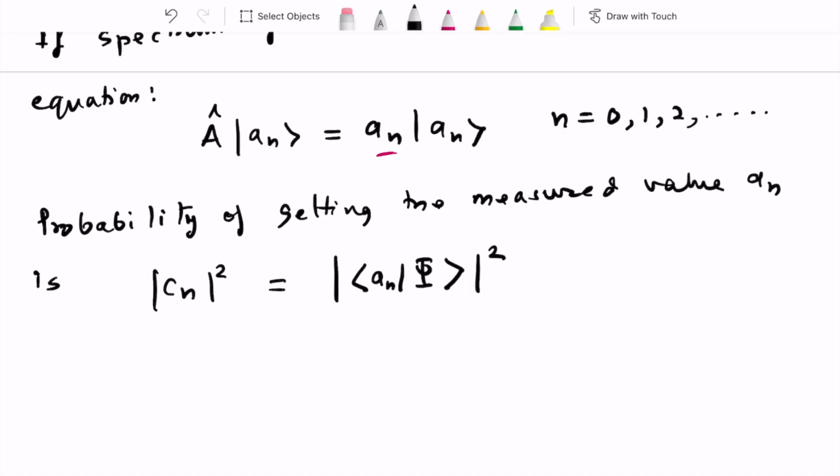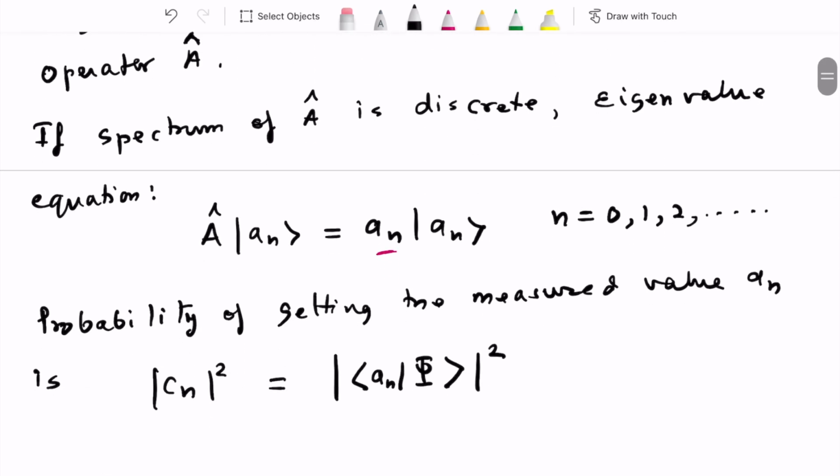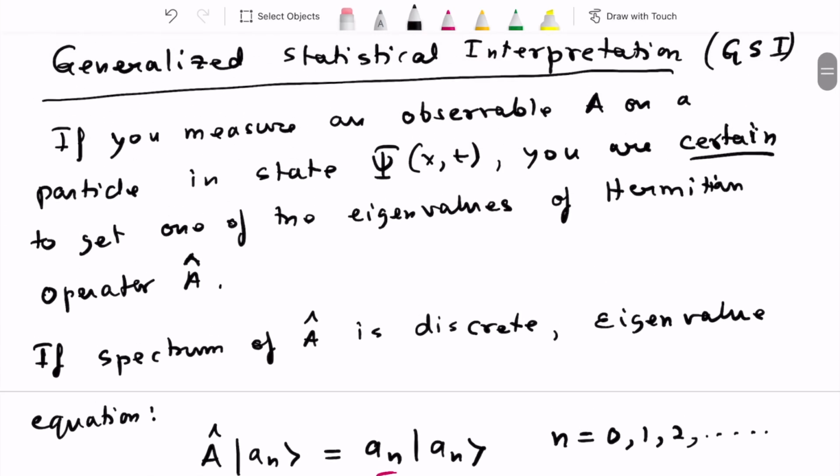So you know these eigenstates a_n, and you know the state the particle is in. I'm just going to call this state psi.